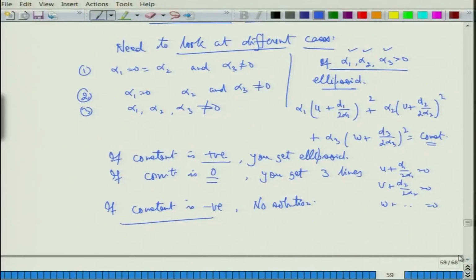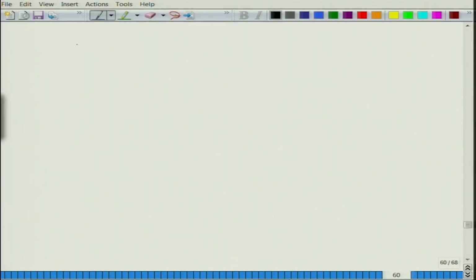Fine. Now, in the third case, if alpha 1 is positive, alpha 2 and alpha 3 are negative, fine, then I will get it as alpha 1 times u square. I will just keep d also inside. So, 2d1 times u here.